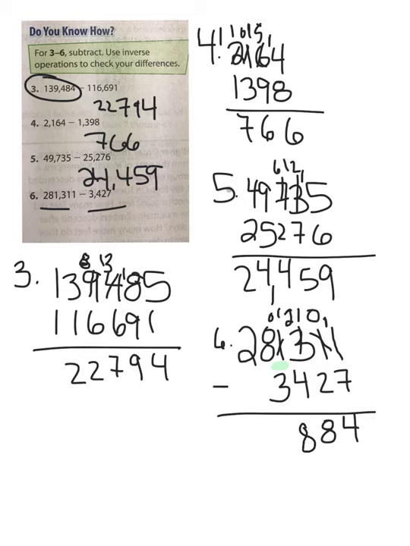We cannot take 3 from 0, so borrow from the 8, make it a 7, add our 1, 10 minus 3 is 7, and then we have 7 minus 0, which would be 7, and 2 minus 0, which would be 2. I know this one was hard to see because it is really close together.